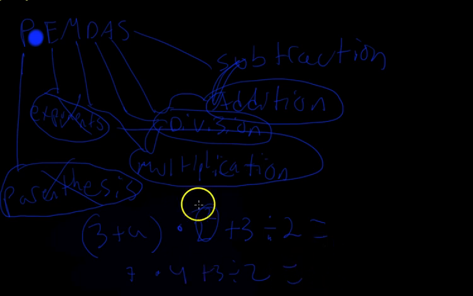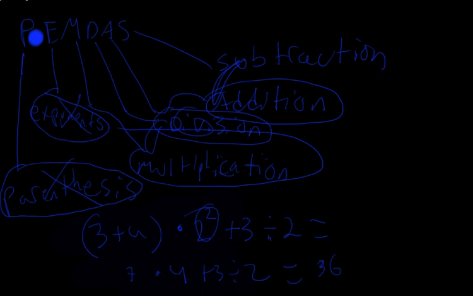So let's write 28, and then we have plus 3 divided by 2. Which do we have to do first? Well, we definitely have to do division first. Division comes before addition.